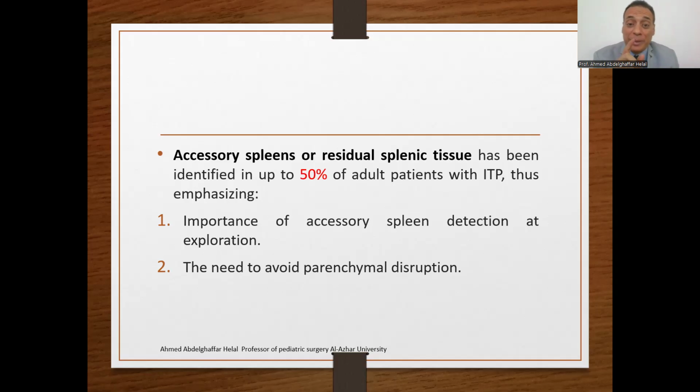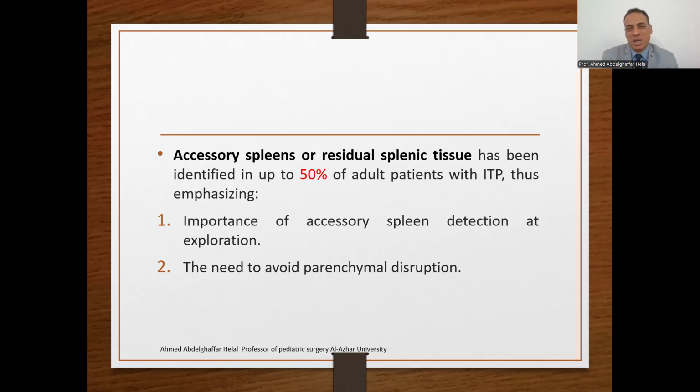It's to avoid the parenchymal disruption of the spleen, especially when you perform the surgery laparoscopically. If you disrupt the parenchyma and there is dissemination of the splenic tissue, there may be what's called symptomatic splenosis. There are implantations of the splenic parts, and this will destroy the platelets again, and the child will not improve.